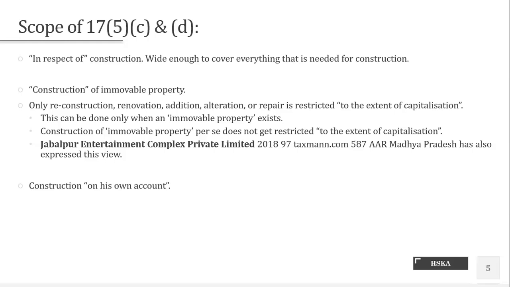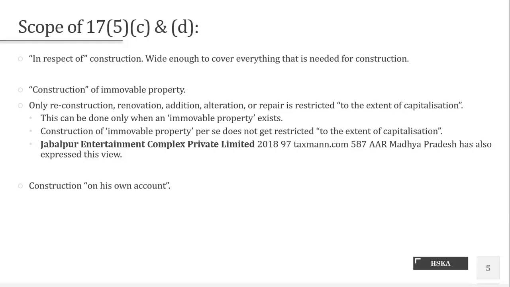This is my understanding: anything I'm doing in respect of civil work falls under this block credit 17.5C. Anything else, like AC fitting, lift, furniture, etc., I don't think there is any embargo on claiming ITC. Other members can correct me if I'm wrong.